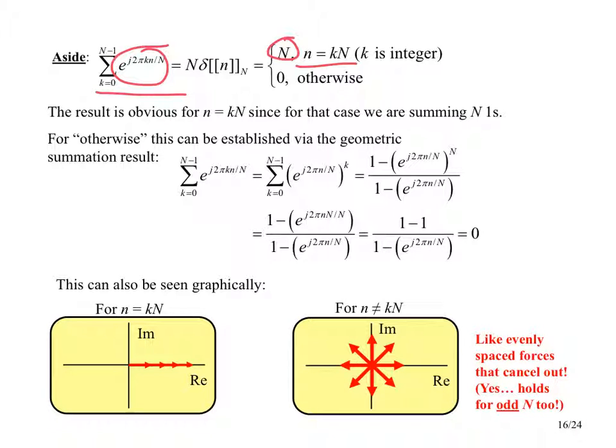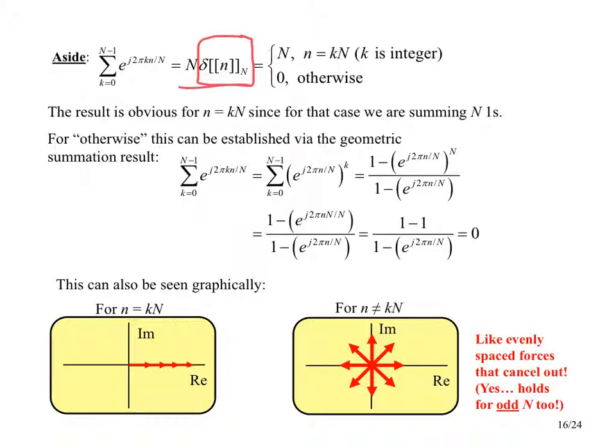So the result that we're going to get will depend upon the specific value of little n, how it relates to big N. Okay, so that's the result. We can express this a little bit more succinctly by saying it's a delta function that is periodic with a period of capital N. So really this thing is like the impulse train that we've seen a couple times previously in this course already.